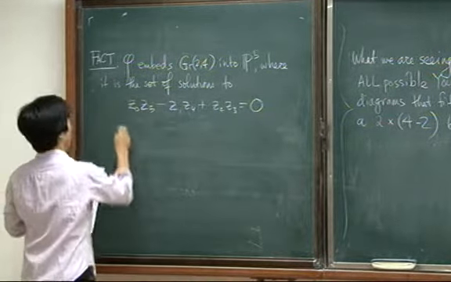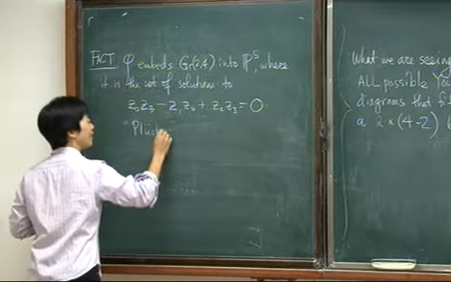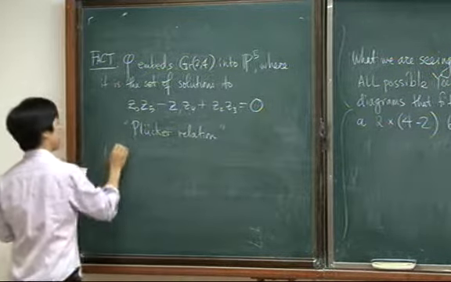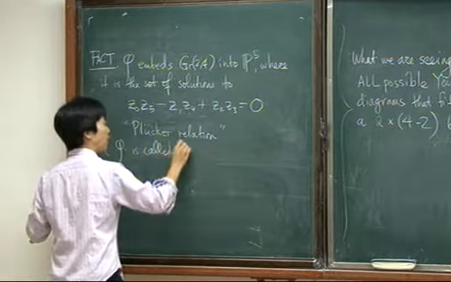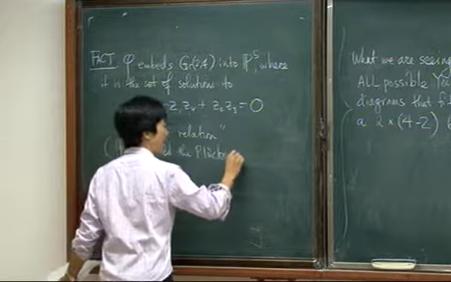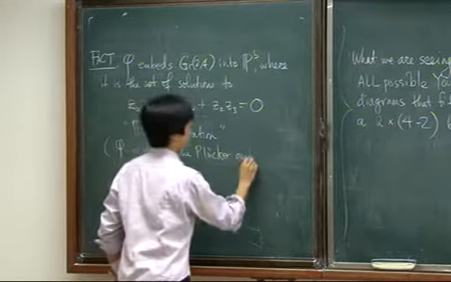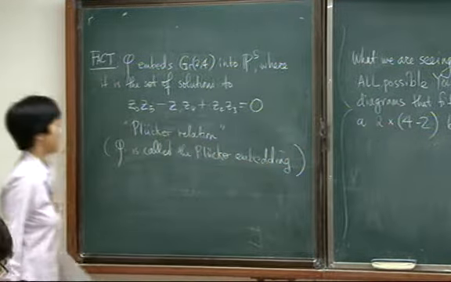So this is called the Plücker relation. And so, of course, phi is called the Plücker embedding. In fact, there are many Plücker embeddings. This is just one of them, but let's not get into that.